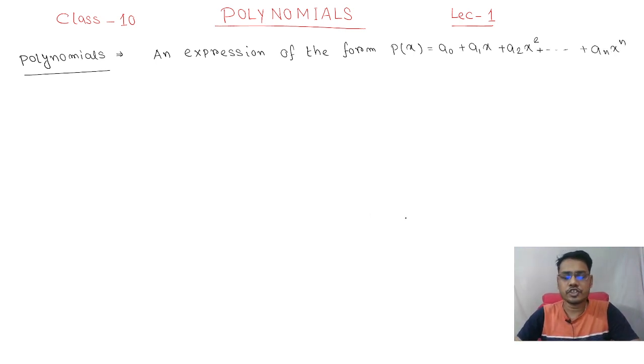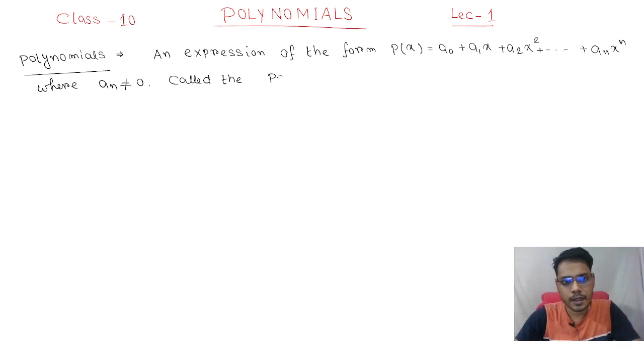So you can check that the power is in increasing order, where an is not equal to 0. It is called the polynomial in x of degree n.